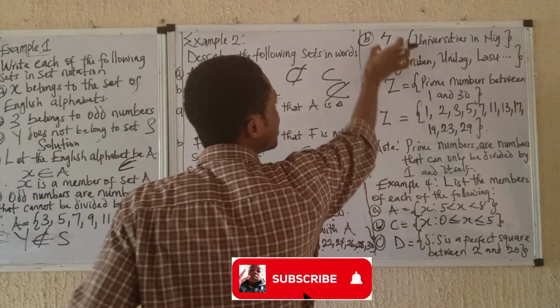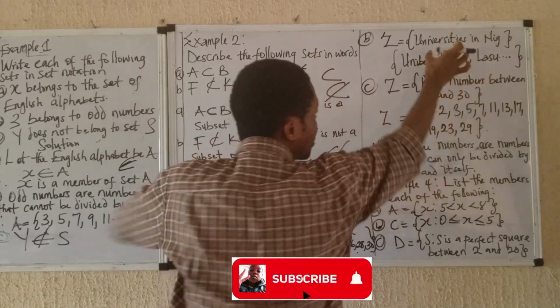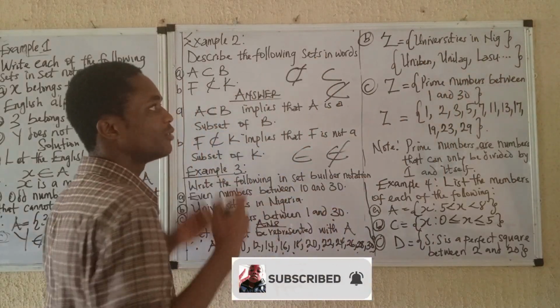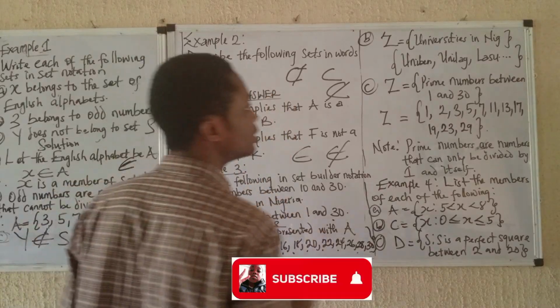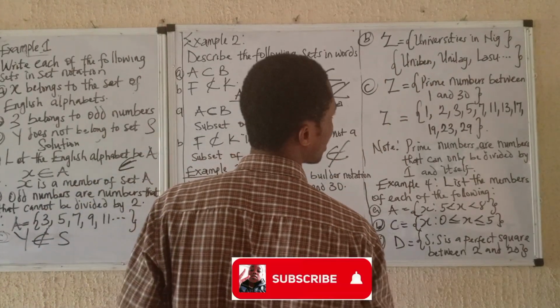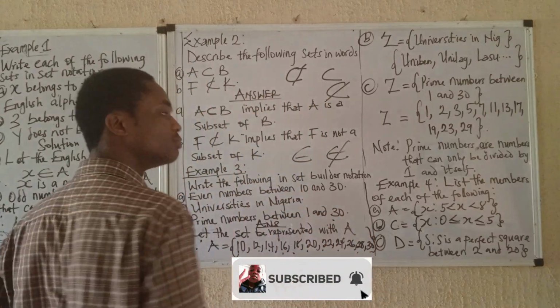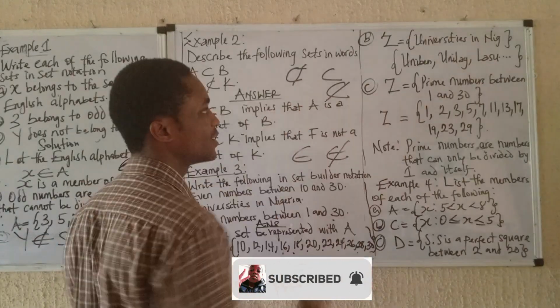To be precise, set Z contains the elements which are universities in Nigeria. For example, we have UNILAG and LASU, etc. So these are sets of universities in Nigeria.